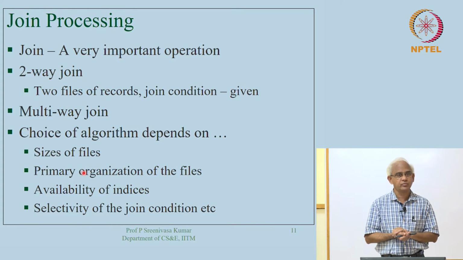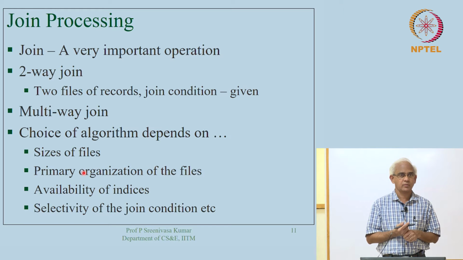If you do have indexes, then we are slightly better off, but if you do not have indexes on either of the files, then the lower bound on the time for processing a join is that you basically have to look at all the data records.